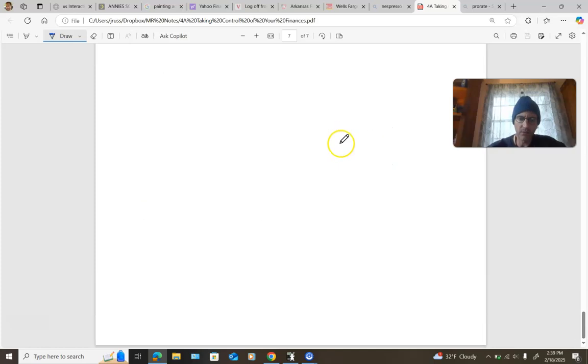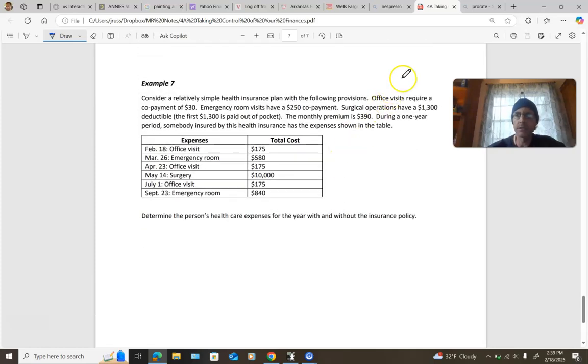All right, so I think I put one last example here. It says, consider a relatively simple health insurance plan with the following provisions. Office visits require a copayment of $30. Okay, so with this insurance policy you have a copayment of $30, and then emergency room visits have a copayment of $250.